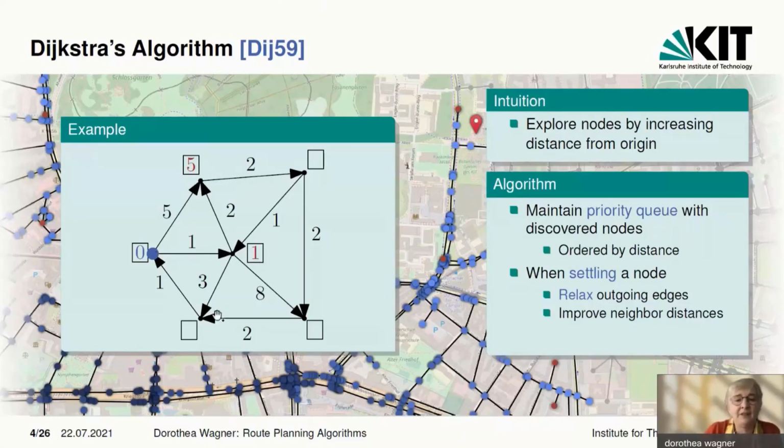So in this case, we would have put first this vertex in the priority queue and then this vertex. And then when settling the node, like we did here with the source node, we relax the outgoing edges and we try to improve neighbor distance. What does that mean? Okay, let's continue. Then maybe we understand what that means.